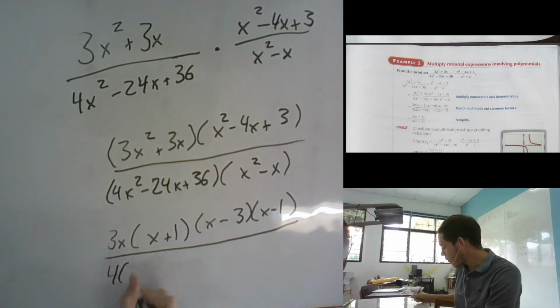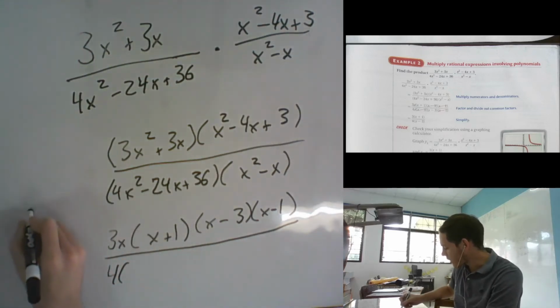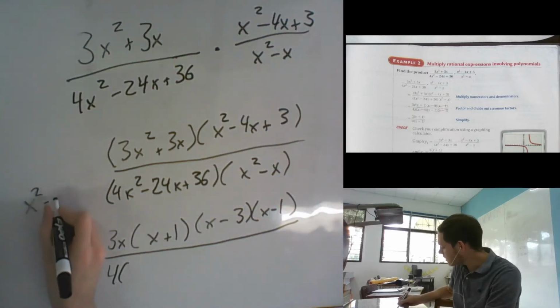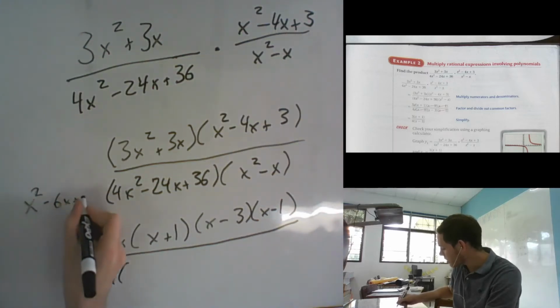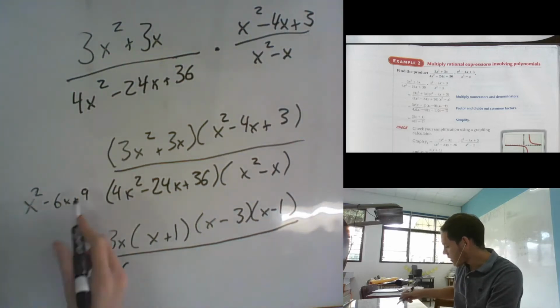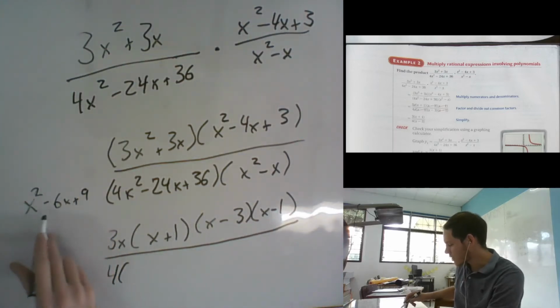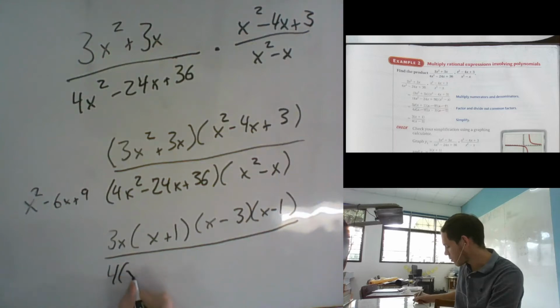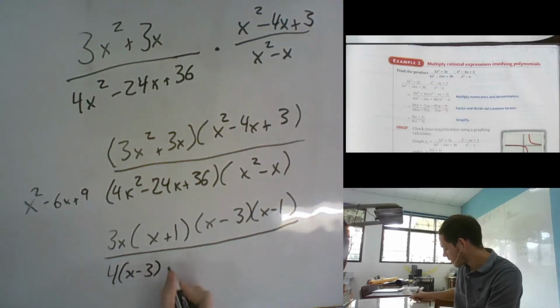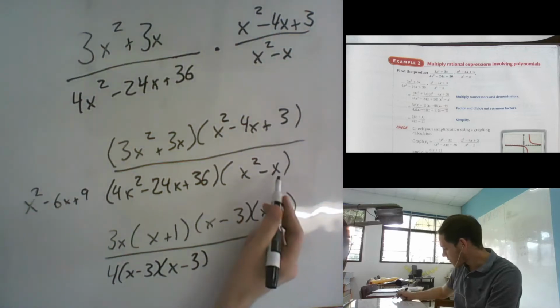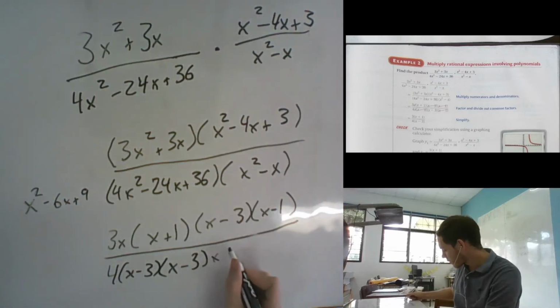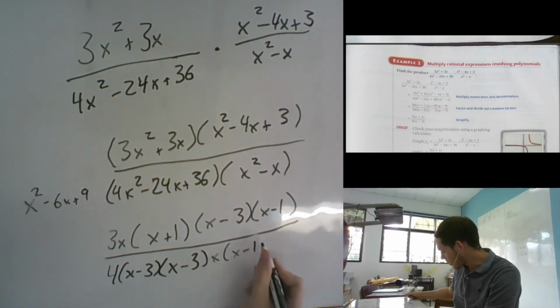And then if we factor the inside, we would get x squared minus 6x plus 9. And this is a squared number, that's squared, that's a times 2, so we get x minus 3 times x minus 3. Then this, we can factor out x, and we get x minus 1.